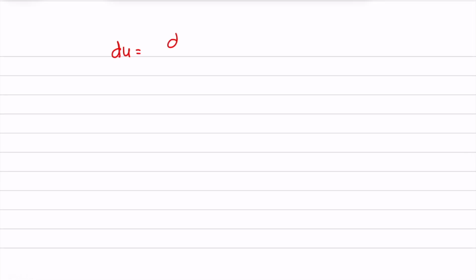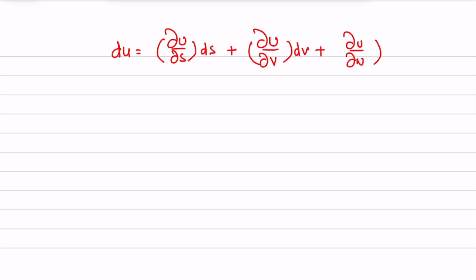dU is equal to ∂U/∂S into dS, others are constants, plus ∂U/∂V into dV plus ∂U/∂N into dN. This is equal to dU is equal to ∂U/∂S is T, this is temperature, and ∂U/∂V is equal to minus P, and ∂U/∂N is equal to mu.